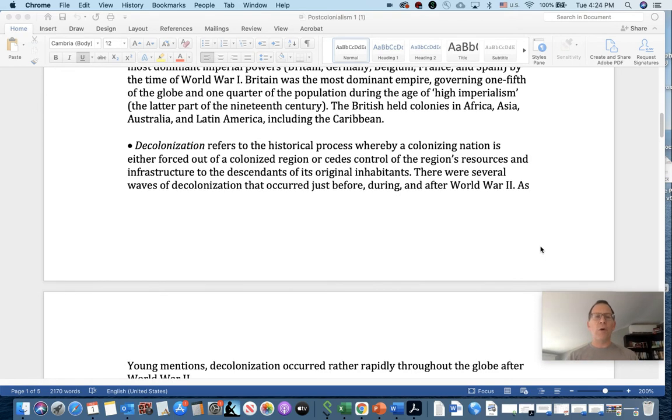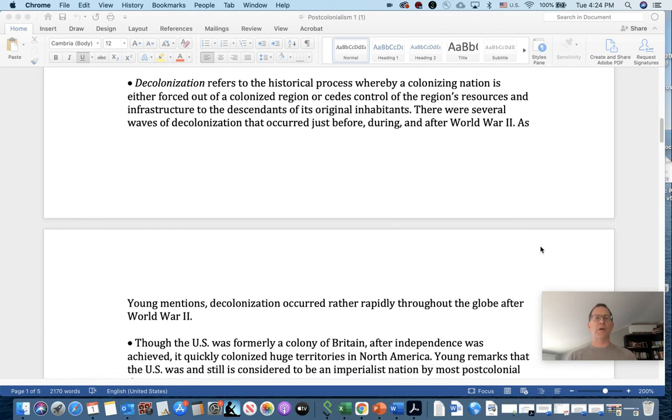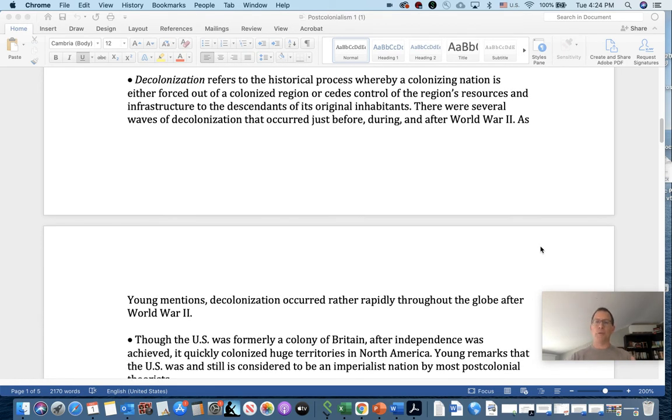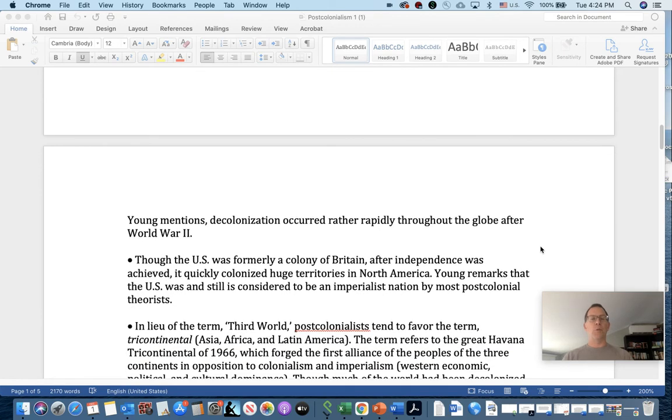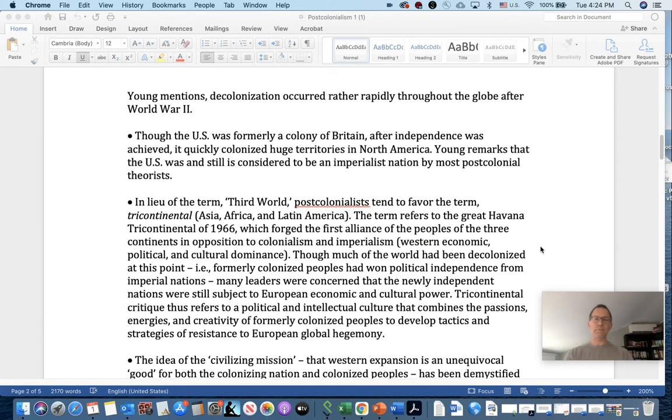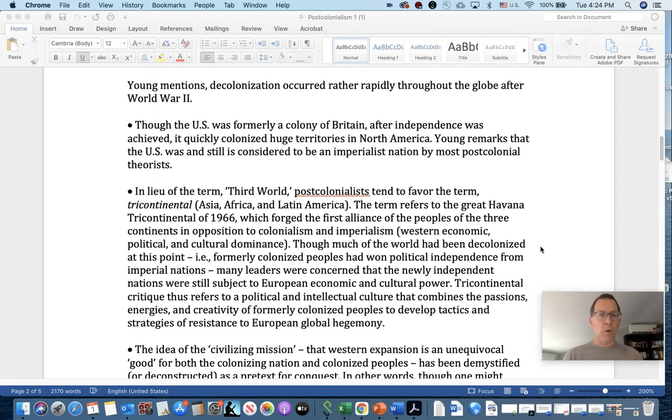So there were several ways of decolonization that occurred just before, during, and after World War II. And as Young mentions in his book, one of the chapters that you read on colonialism and imperialism, decolonization occurred rather rapidly throughout the globe after World War II. Now, though the U.S. was formerly a colony of Britain, after independence was achieved, it quickly colonized huge territories in North America.